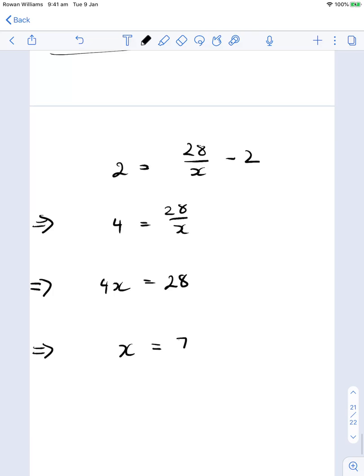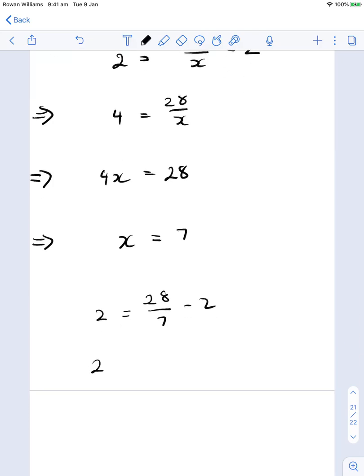We could put that back in our equation one more time. 2 equals 28 divided by 7 minus 2. And we'll check that, and we'll go 28 divided by 7 equals 4 minus 2. 2 equals 4 minus 2, which is 2. Left-hand side equals right-hand side, and we're all good.